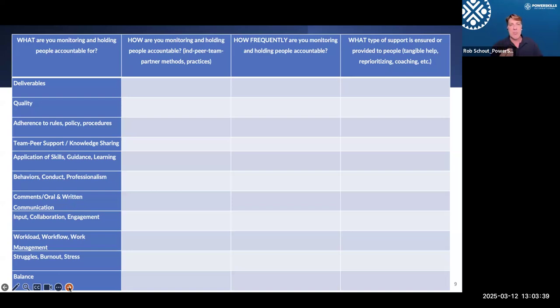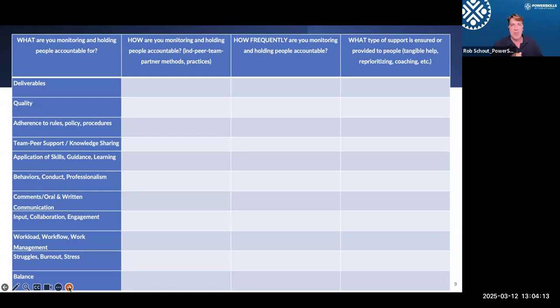So we're holding them accountable to apply the coaching, apply the feedback, apply the training. We're holding them accountable for behaviors and conduct and professionalism to bolster the reputation of themselves, but also the organization. And if they are tearing down the reputation or credibility of other team members or managers or the organization itself, then it is preventing our team and organization from achieving its goals of quality or trust with customers or deliverables.